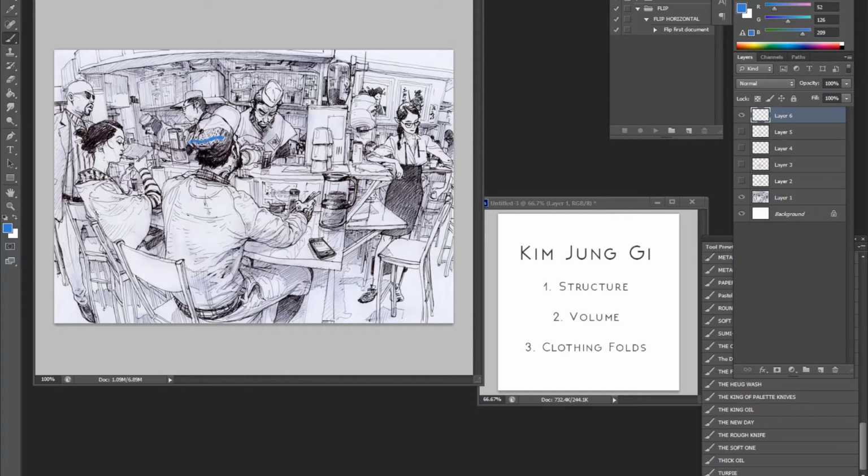Look how he draws the head. Well, I messed up a little bit here, but notice how the head is aligning with a rectangular prism.